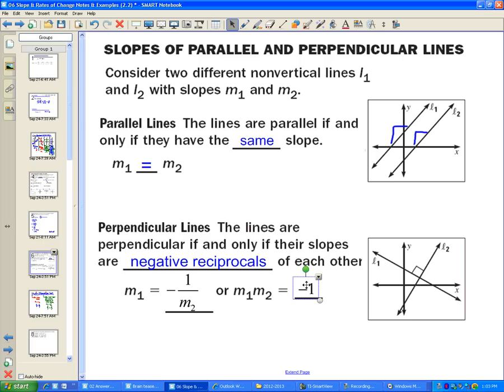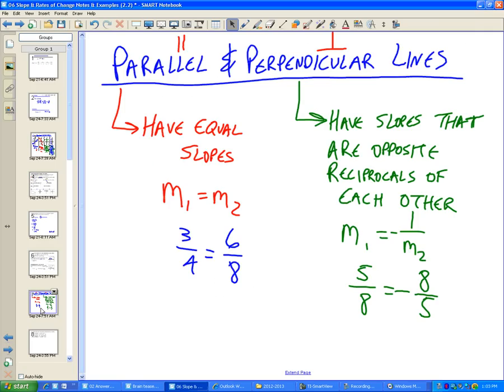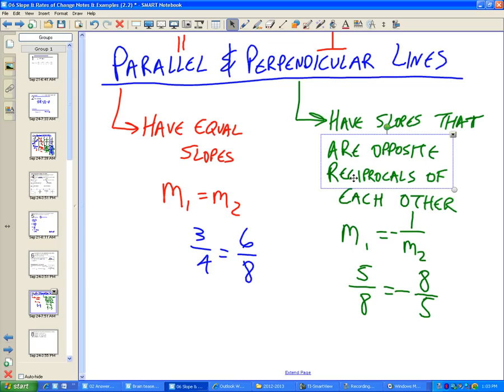Let's double check. Here's a little note sheet you can copy down. Parallel lines have equal slopes. M1 and M2 are the same, so I would have a slope like 3/4 and 6/8. Same slope. If I reduce 6/8, I get 3/4. Perpendicular lines have slopes that are opposite reciprocals of each other. So M1 is the opposite reciprocal of M2.